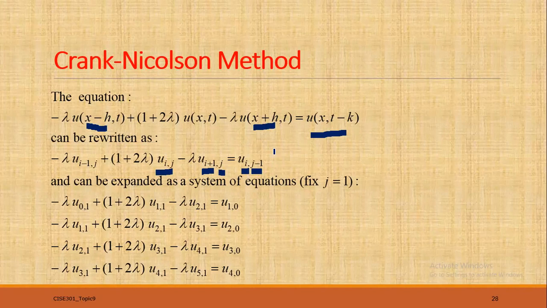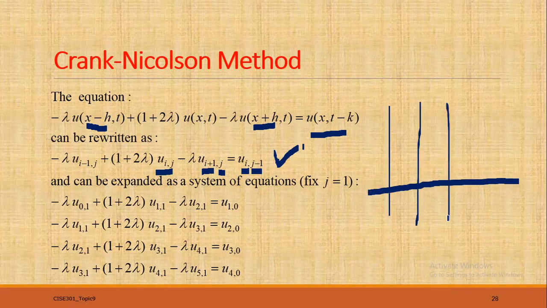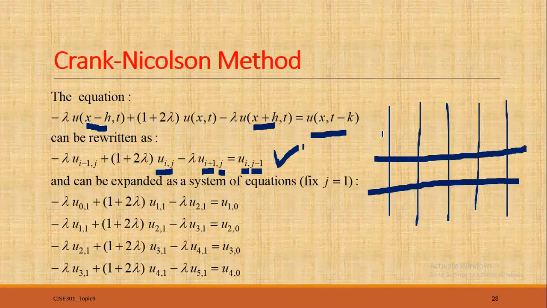Now for this equation, we first discretize it. The procedure is similar. First we fix j. If we consider j equal to 1, then i starts from 1: j is 1, i is 1.